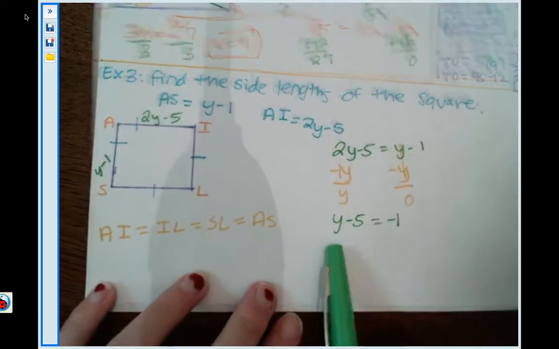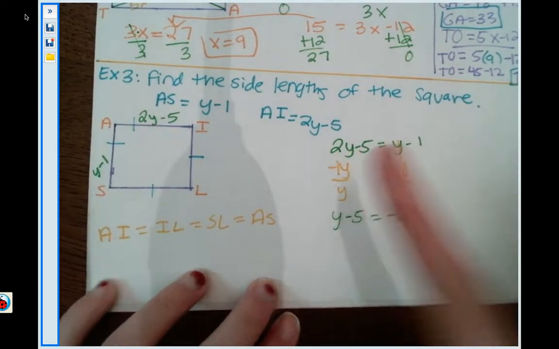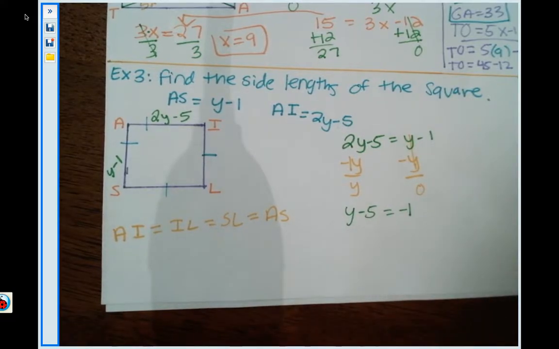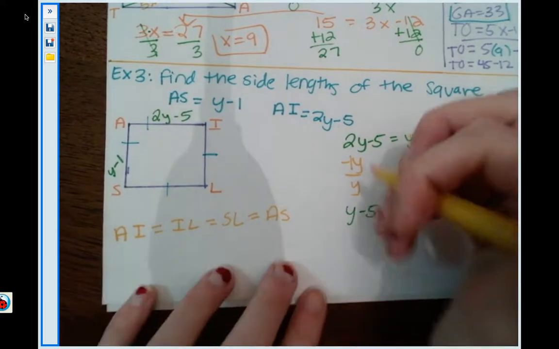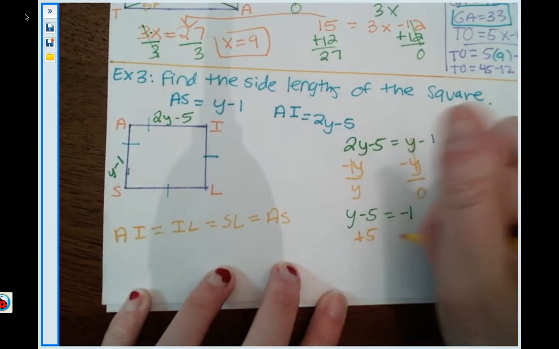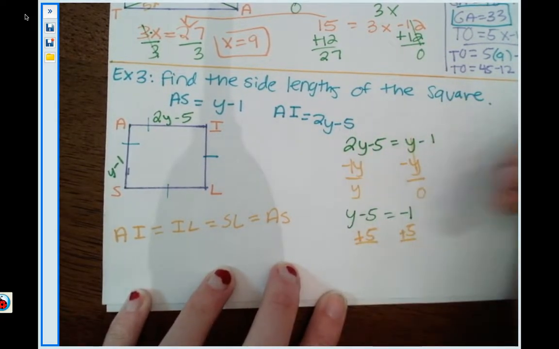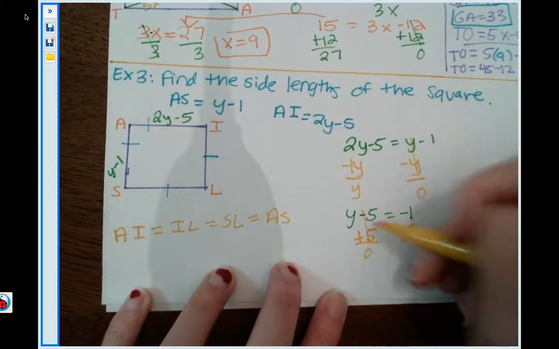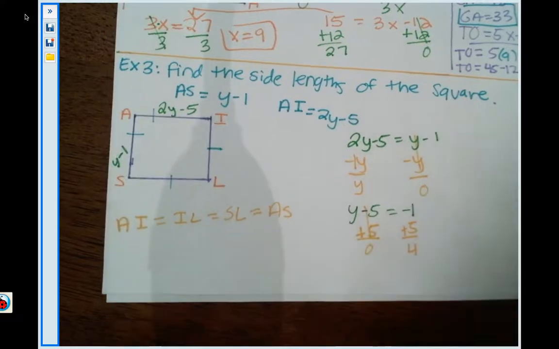Now I must get y on one side by itself. How do I bring my negative 5 to the other side? You do the opposite and add it on both sides. Negative 5 plus 5 cancels and turns to 0. Negative 1 plus 5 gives me a 4. So y equals 4. Yay!